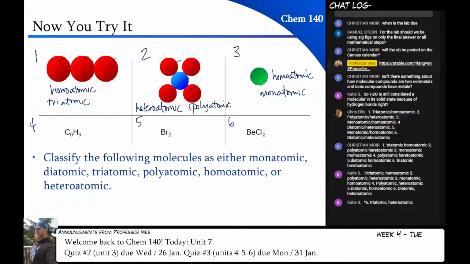All right, down here, how many different types of atoms are there? Well, there's C and there's an H, so that's heteroatomic. And then how many atoms are there? Well, there's 6 plus 6, which is 12, so that's definitely polyatomic.